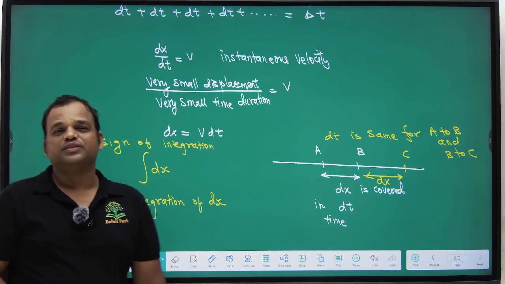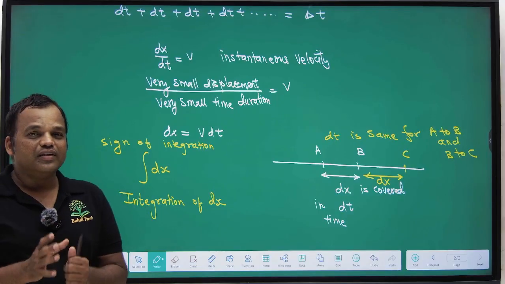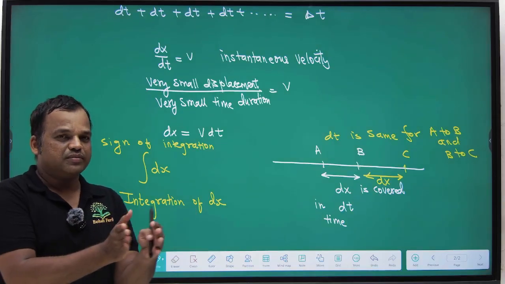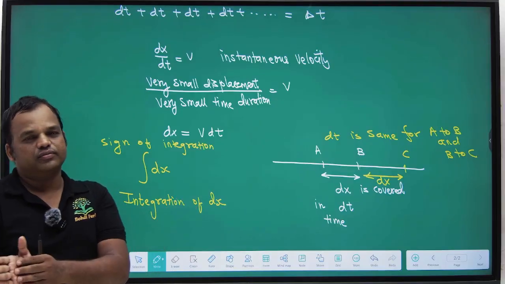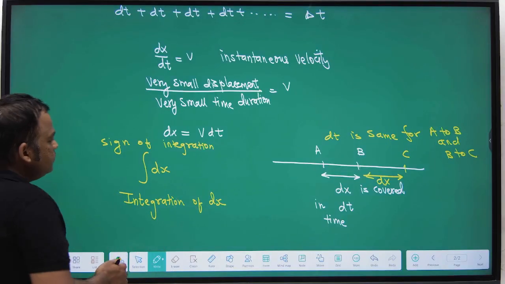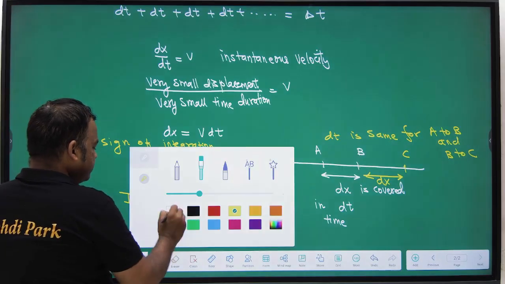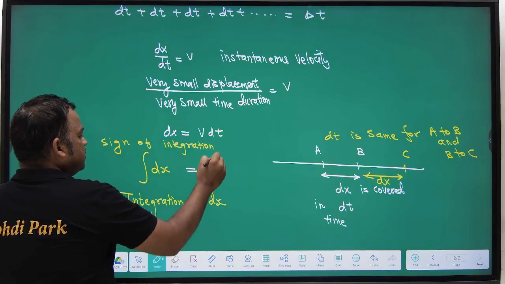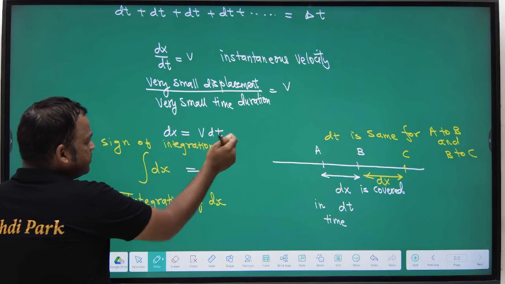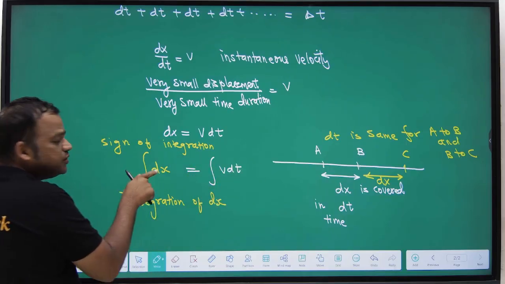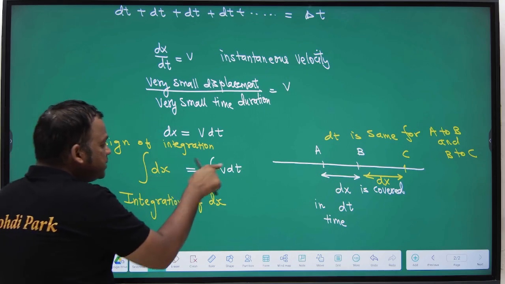Integration of dx means we are adding all the small displacements. Those displacements can be positive, can be negative. On the right side, we will just substitute dx as v dt. So integration of dx will be integration of v dt.